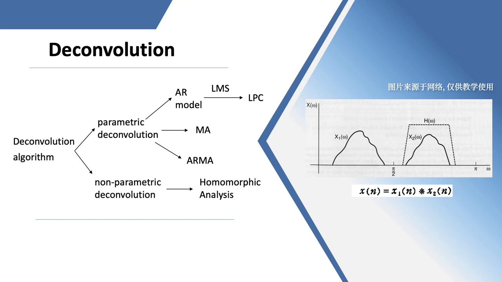By designing a deconvolution algorithm, the input signal x[n] with convolutional combination in time domain can be converted into the additive combination in frequency domain. Furthermore, through the proper system H(ω), we can get the necessary signal X2(ω) in frequency domain.